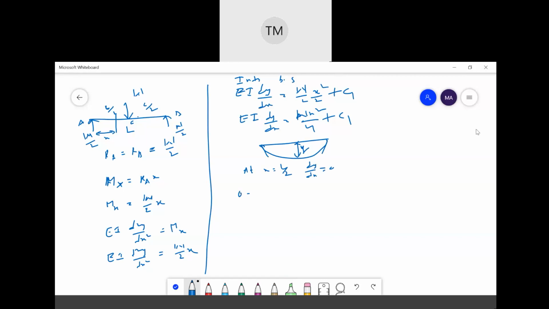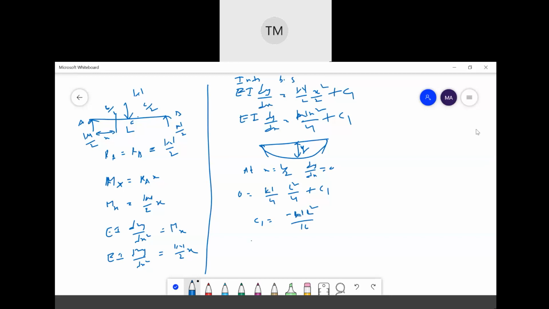What happens? 0 is equal to W by 4 as it is, here L square by 4 plus C1, whereas C1 we'll get a value as minus WL square by 16. C1 is equal to minus WL square by 16.